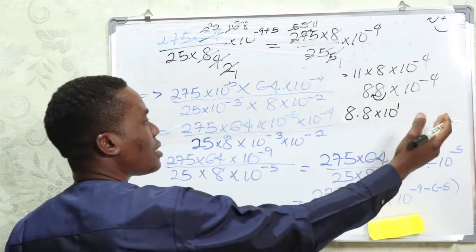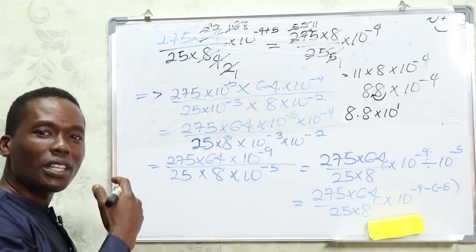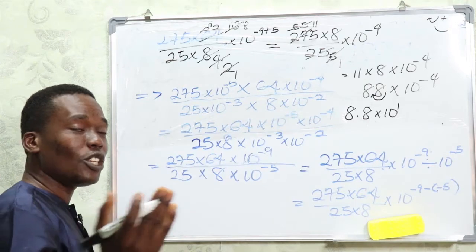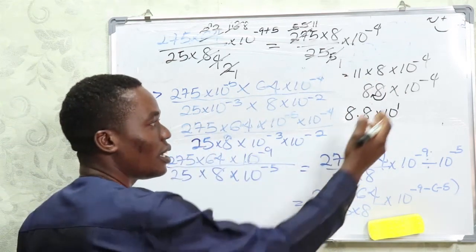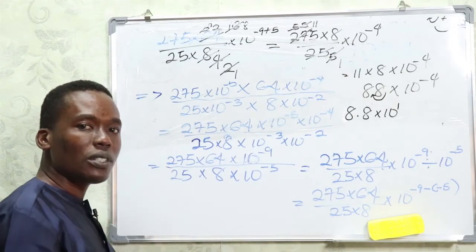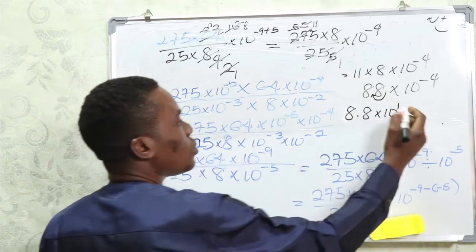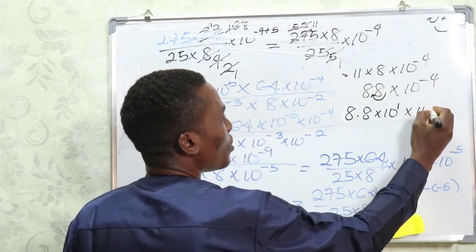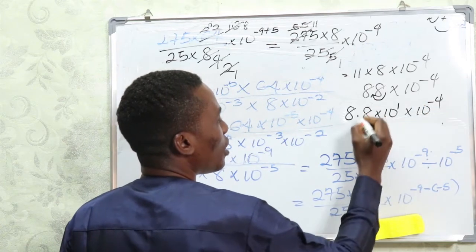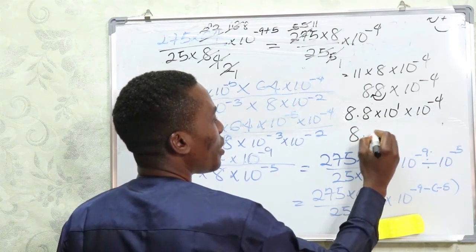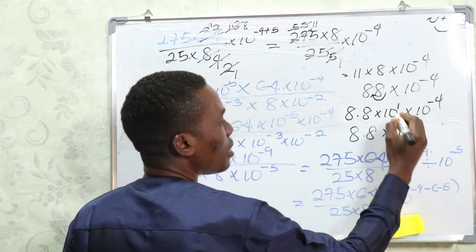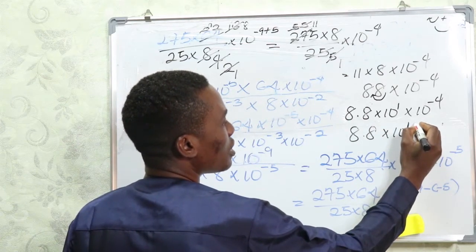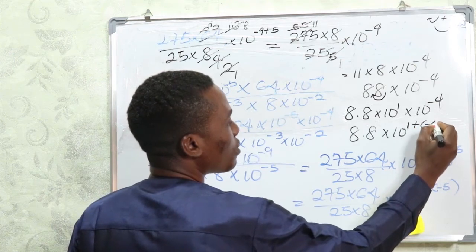Why? Because we are counting from the right hand side to the left hand side. Remember the second keynote: when you are counting from the right hand side to your left hand side, it's going to give you a positive power. So this will give us this times what? 10 raised to power minus 4. Now if we do this further, we're going to have 8.8 times 10 raised to power 1, the product rule in our indices, plus bracket minus 4.